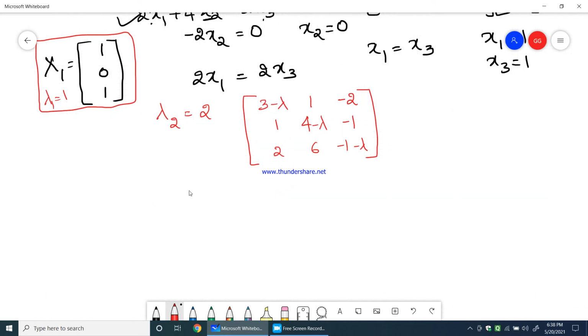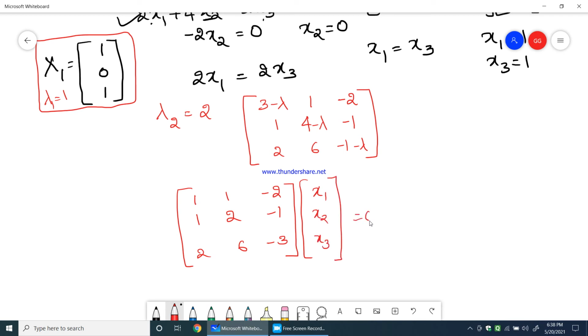This one is 3 minus 2 is 1, 1, minus 2; 1, 4 minus 2 is 2, minus 1; 2, 6, minus 1 minus 2 is minus 3. So this is A minus lambda I into x1, x2, x3 equals 0.